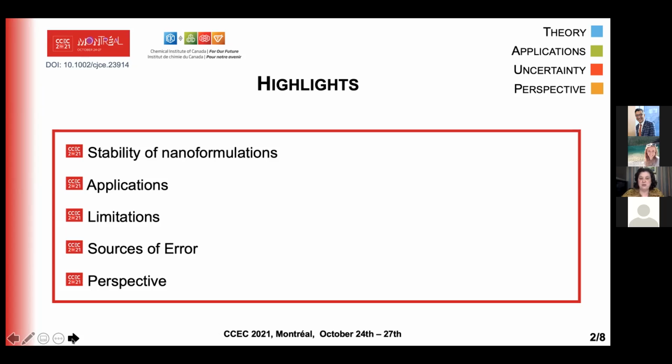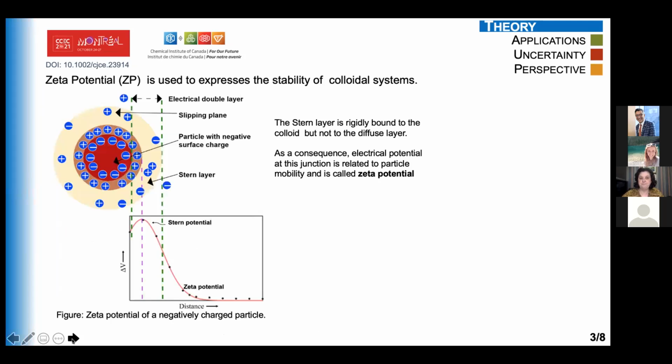We're going to talk a little bit about applications, limitations, sources of errors, and perspectives. Zeta potential, or ZP, as you will see during the presentation, is very widely used to express the stability of colloidal systems.